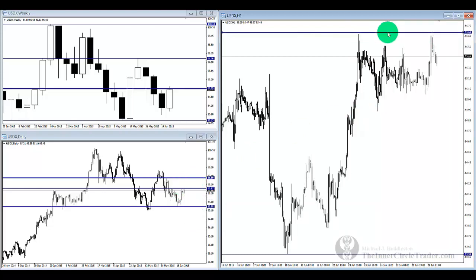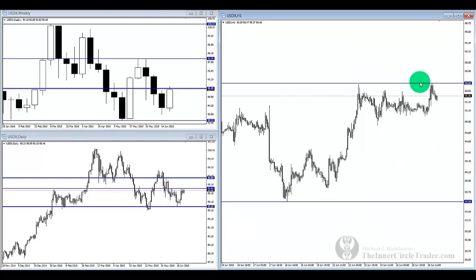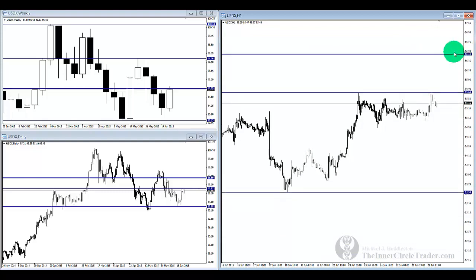So we will now adjust that to show the highest high. Now the only higher level above that will be 96.89, and we'll just scrunch our chart up a little bit more.